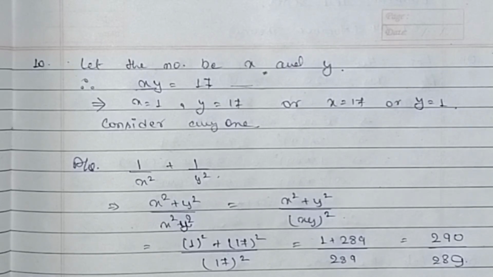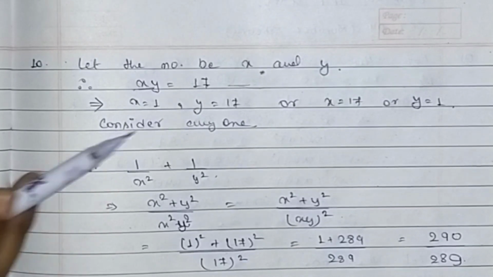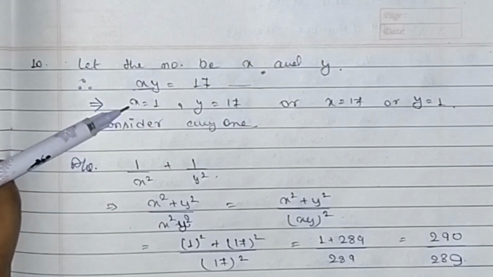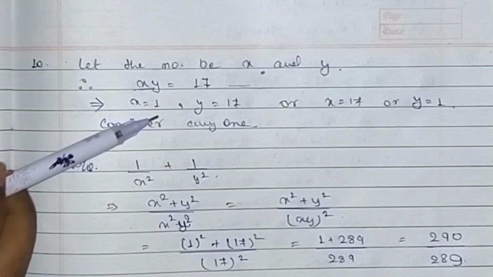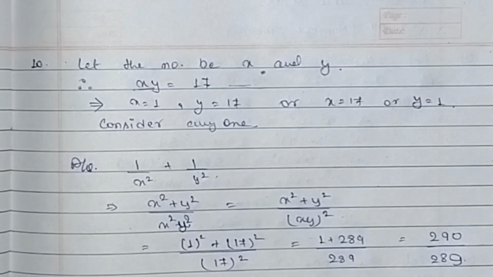So just by looking at this condition, we have assumed the value of x is equal to 1 and y is equal to 17, or vice versa. So we have considered the first condition, x equals 1 and y equals 17, and following this condition we have solved it further. Now according to the question, we have to find the sum of the reciprocals of their squares.